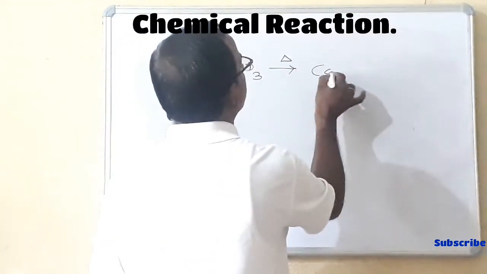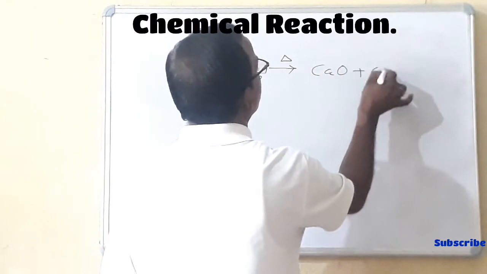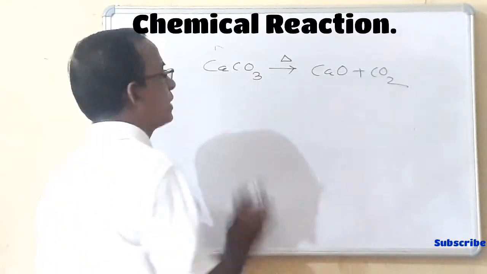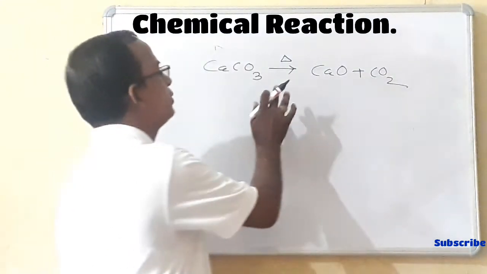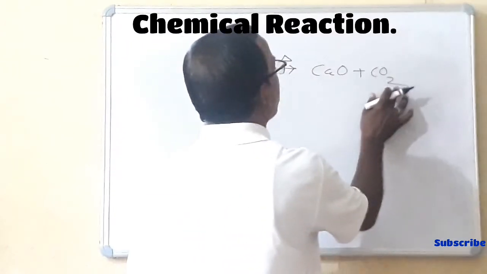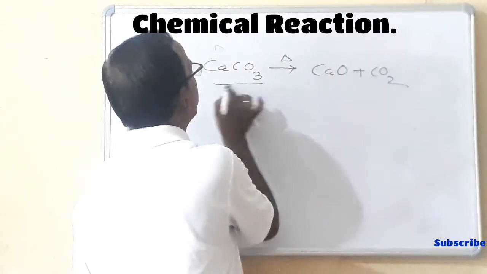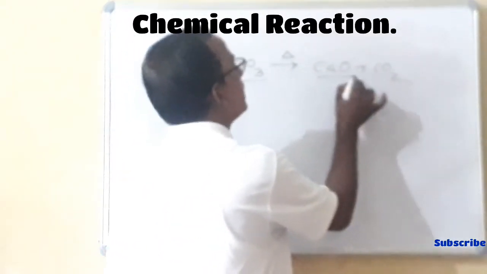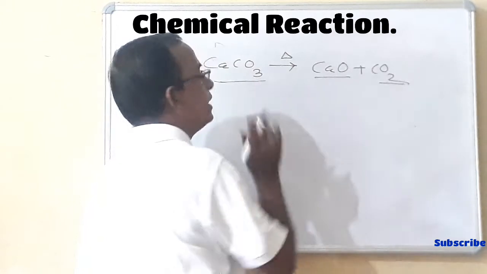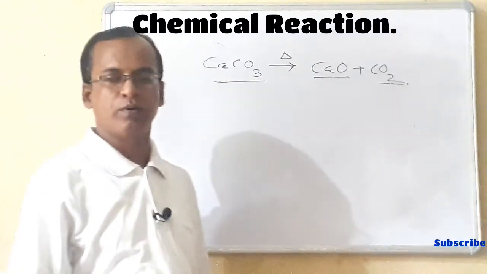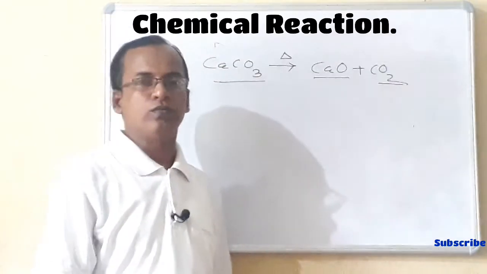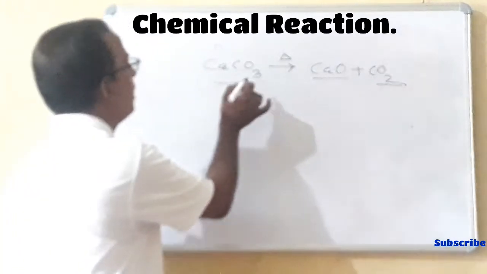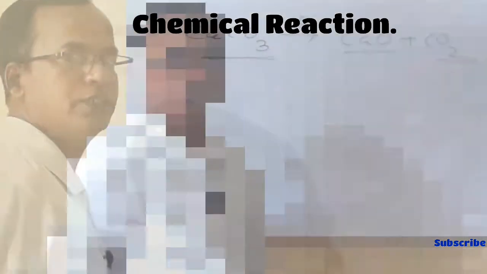So CaO plus CO2. That means calcium carbonate splits up, or breaks up, into calcium oxide and carbon dioxide, and some heat is required, so this type of reaction is called thermal decomposition reaction, because heat is required.